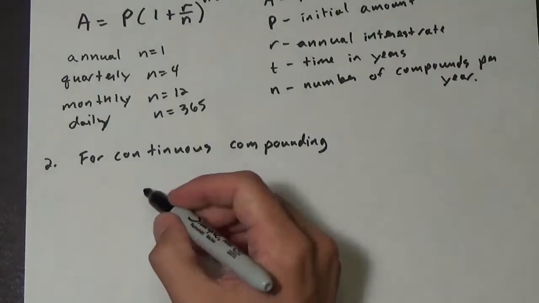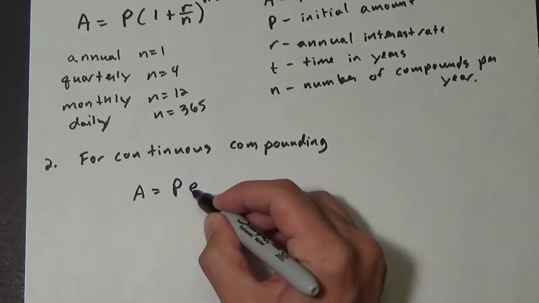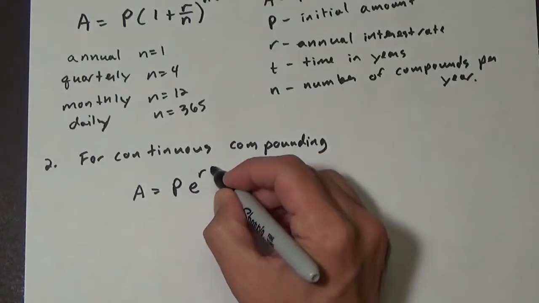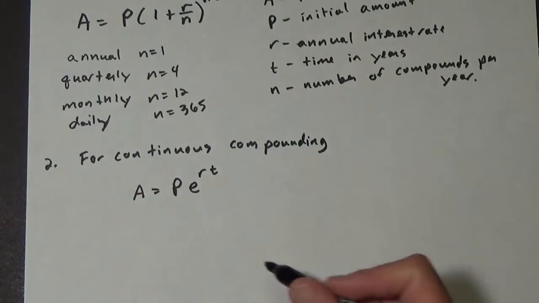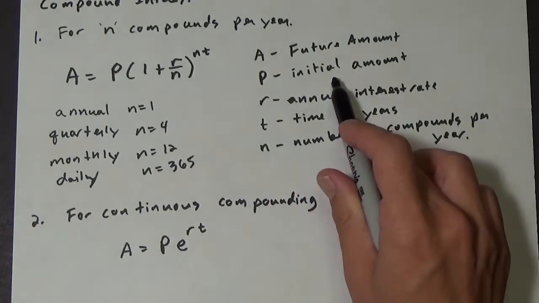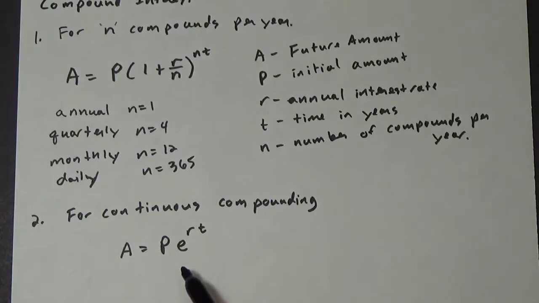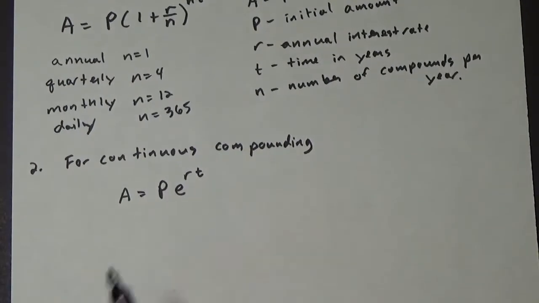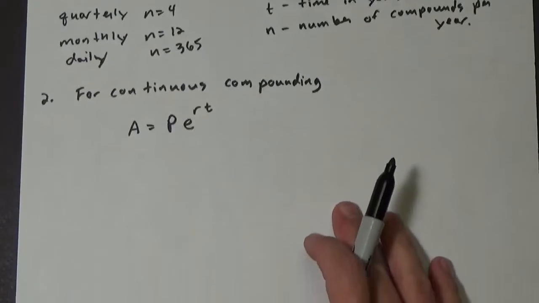And this equation turns into A equals P e to the RT. Alright, so A is still our future amount, P is still our principal or initial amount, R is still the annual interest rate, and T is still the number of years. But we end up having this e, that natural number, which has us compounding continuously.